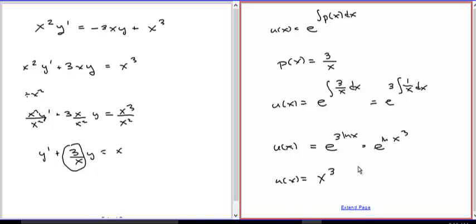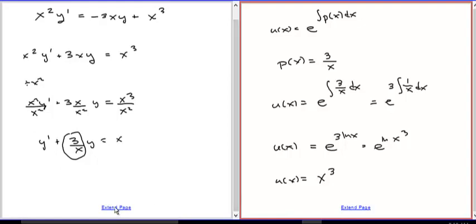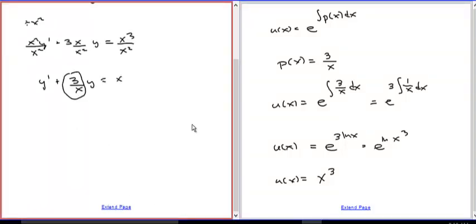But in this case, we end up with this nice situation where we have e to the natural log of something, and so the integrating factor becomes that something. So then we can use that integrating factor to multiply the original differential equation in standard form to make something magical happen.